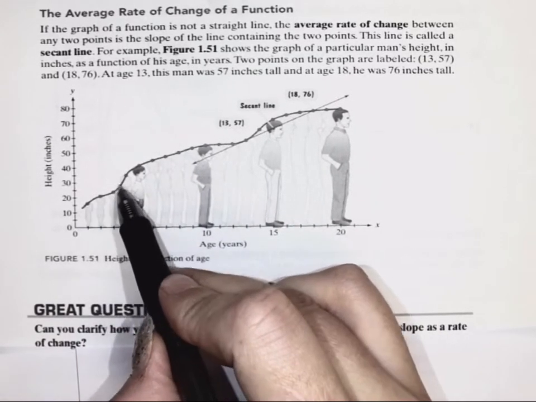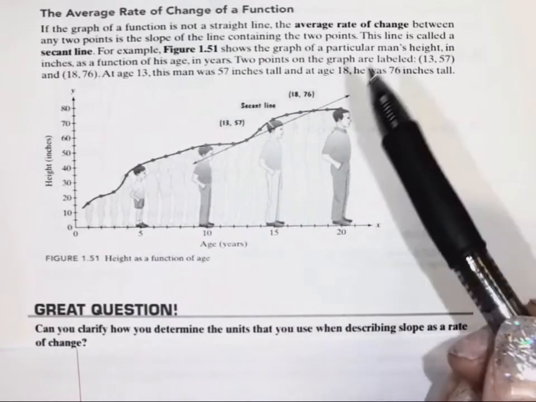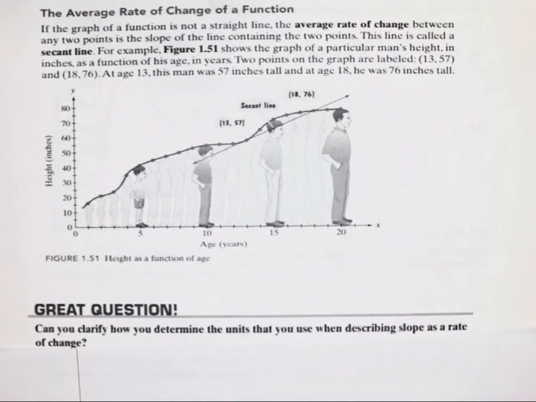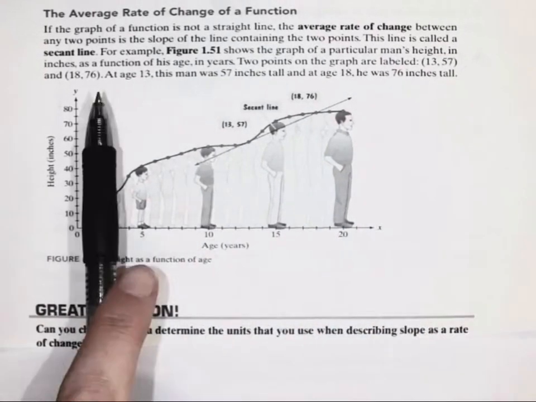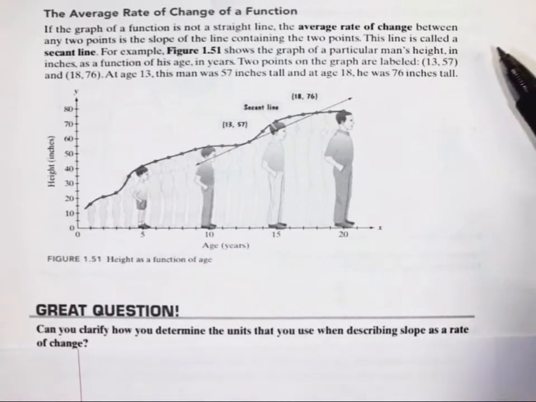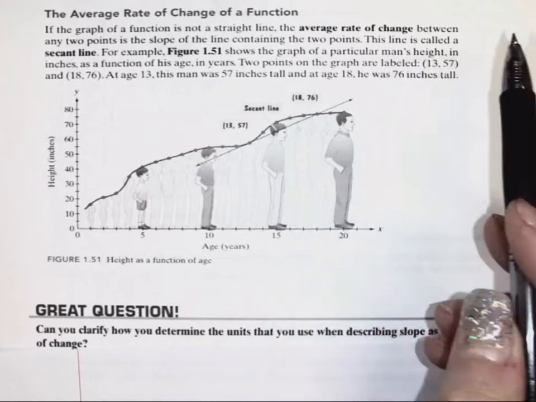But this graph is obviously not linear. But I can find the average rate of change between any 2 points on this graph. It shows the graph of a man's height in inches as a function of his age in years. So we have 2 points that they show you as labeled on this graph, 18, 76.